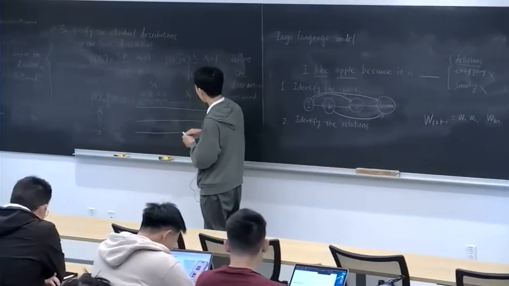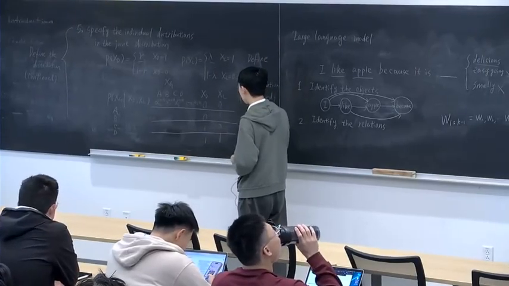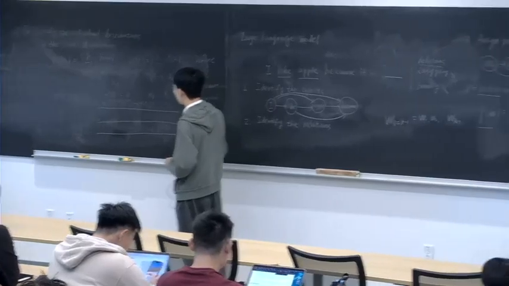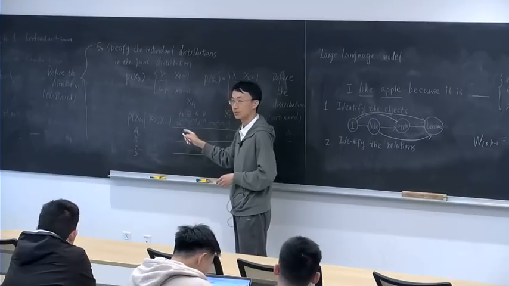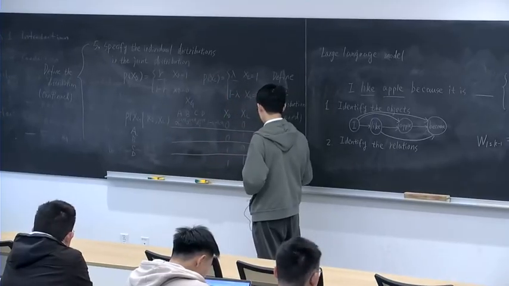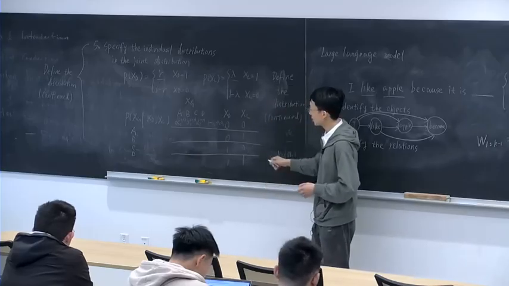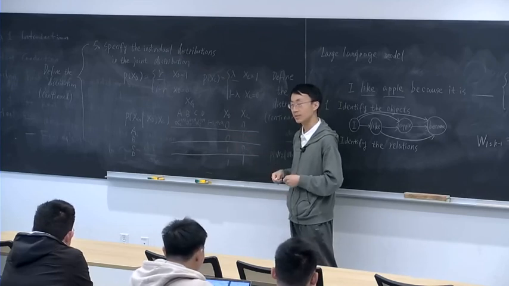W1 can take these different values, and then conditioned on the value of W1, you define the probability over W2. So you can design a table similar to this to specify the probabilities.